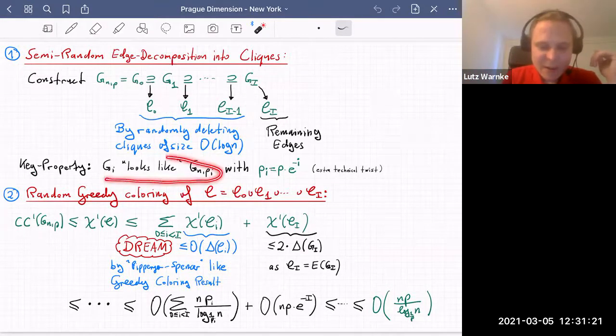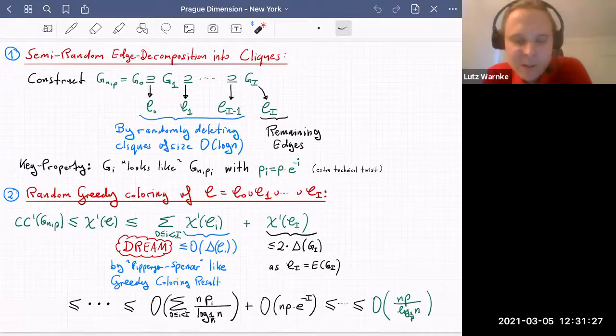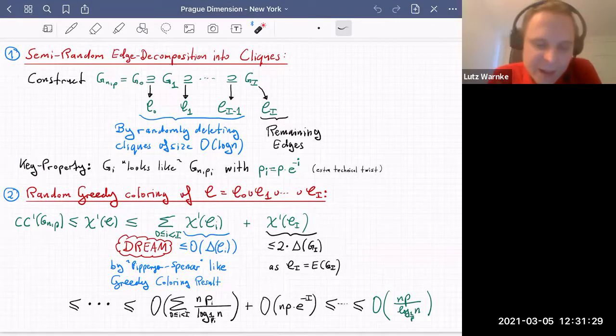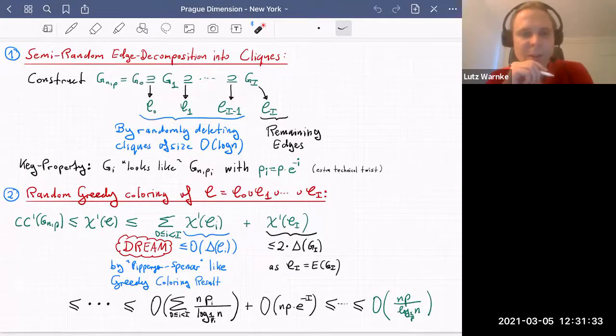But the main story here is that we randomly delete cliques for a while. The remaining graph, the leftover graph, always stays pseudo-random. And that's how we construct our collection of cliques. Okay, so that's, I think, a very natural strategy from a random graphs perspective, how to find one such edge decomposition.